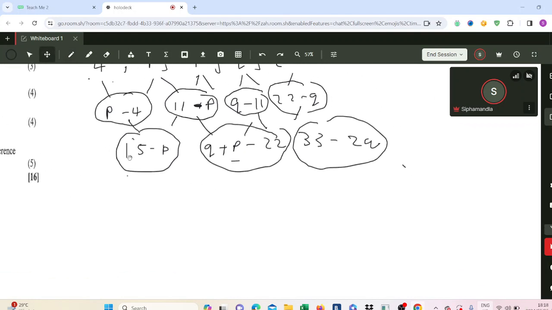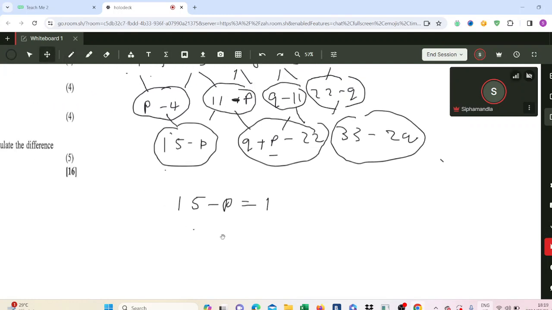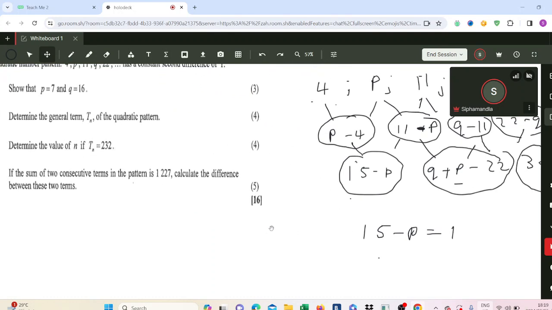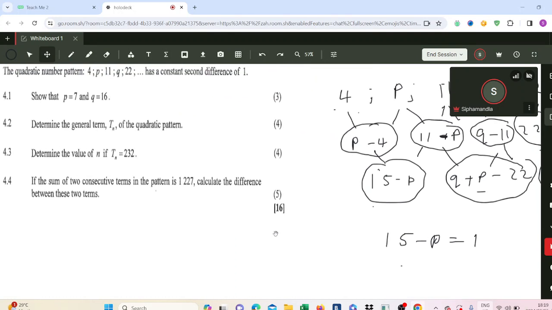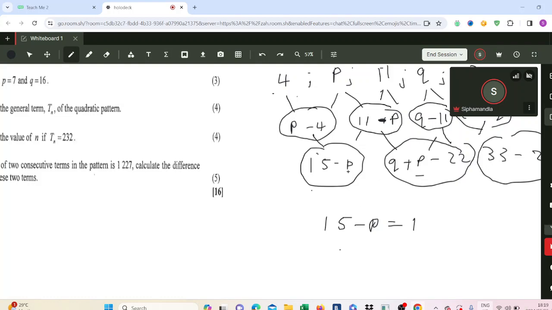So that means we can equate this 15 minus 2P to 1, because everything should be equal to 1. Oh, this is 2P, by the way, not P. Yes, now it makes sense.